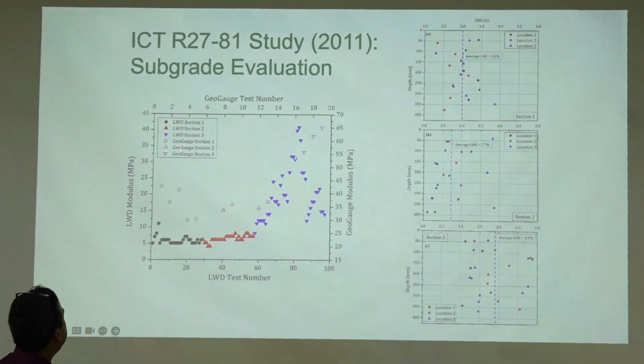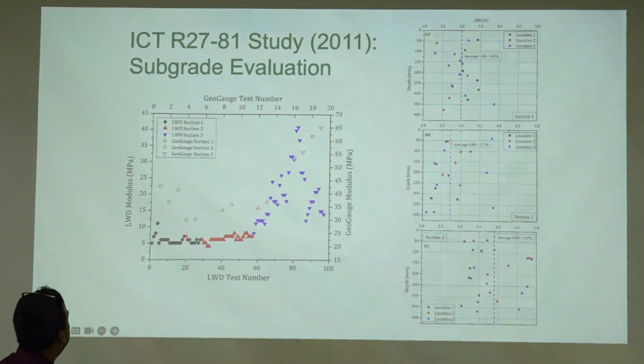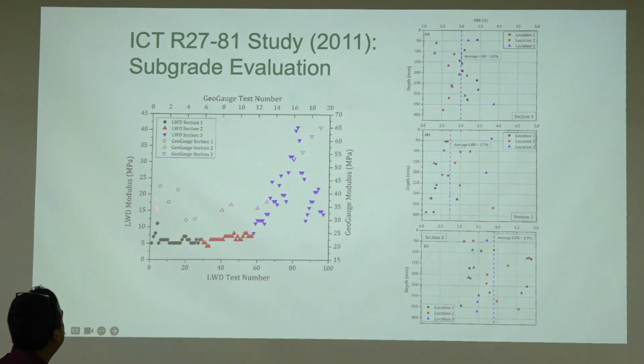Section 1 is the black, and you see the GeoGauge small strain usually gives larger modulus, that's why it's higher. Red, again higher but similar range, but in 3, something happened and you actually saw LWD all over the place, but GeoGauge was very, very high.